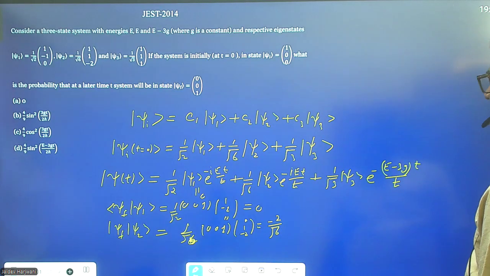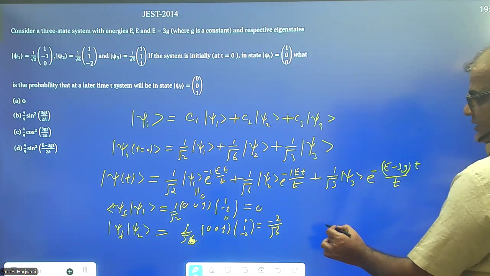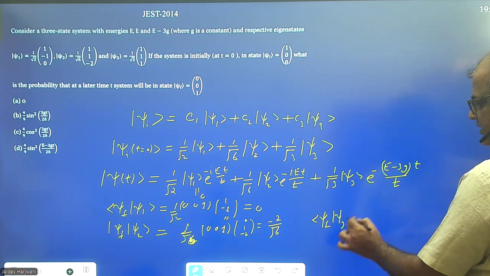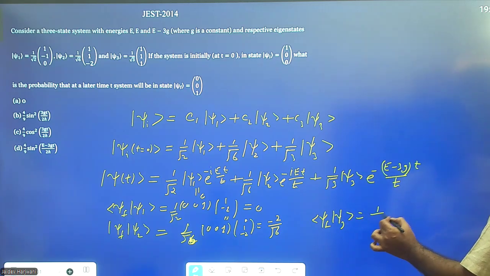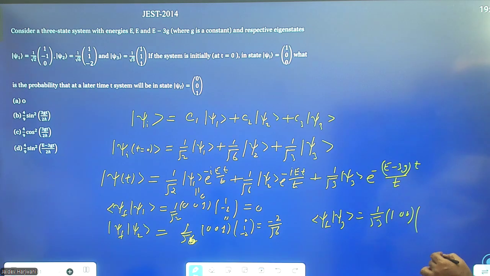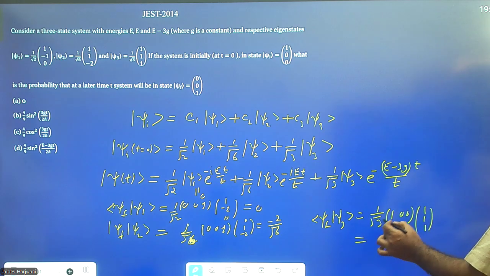And the last term is you have psi f psi 3, which is 1 upon root 3. You have a 1 0 0, and then you have a 1 1 1 1 1 1. So this will give me 1 1, so 1 upon root 3.